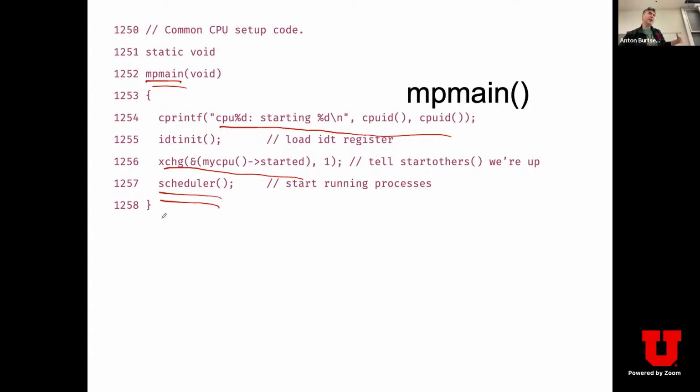So each physical CPU ends with entering the scheduler, like we talked last time, and the scheduler will be running this infinite loop, looking at the array of processes in the system, picking a process which is ready to run, and switching to it and running it, right? And physically, concurrently, if you have a machine with multiple CPUs, multiple processes will be running on those different CPUs, right? Is that clear?